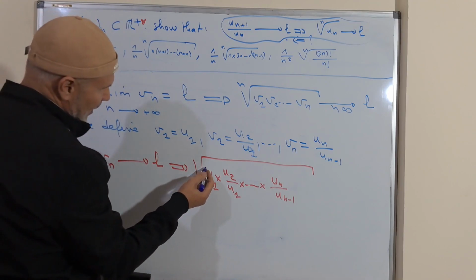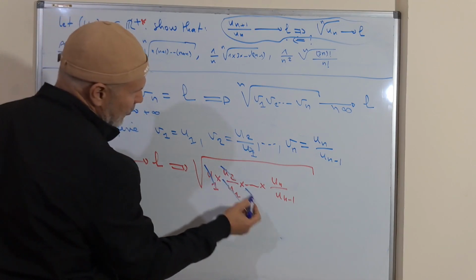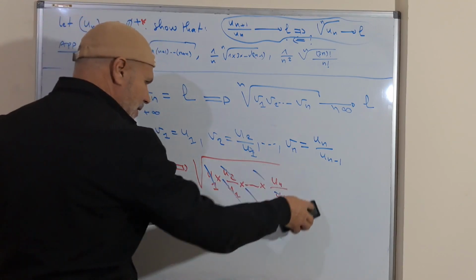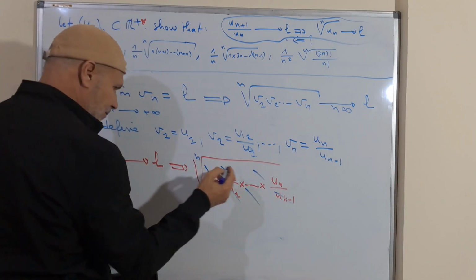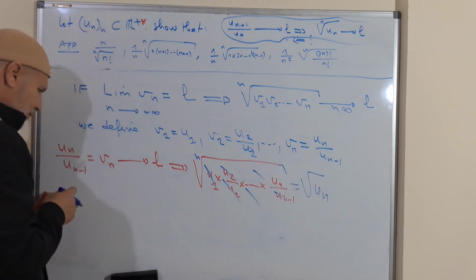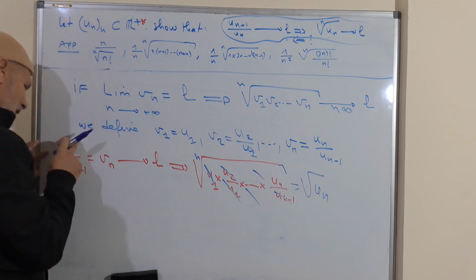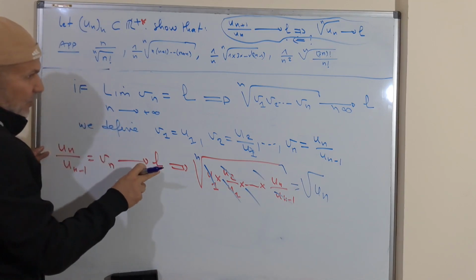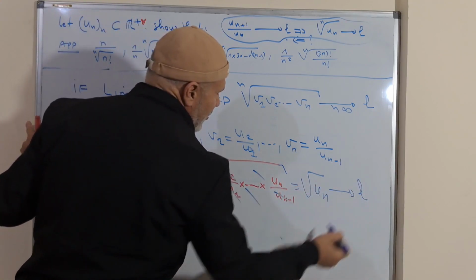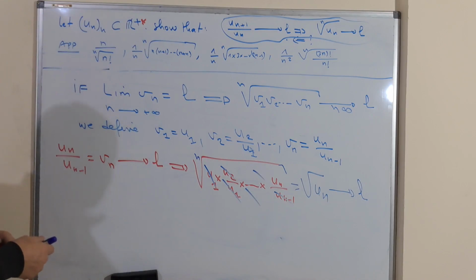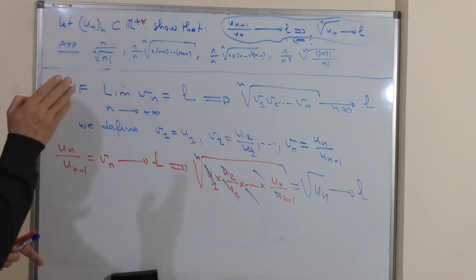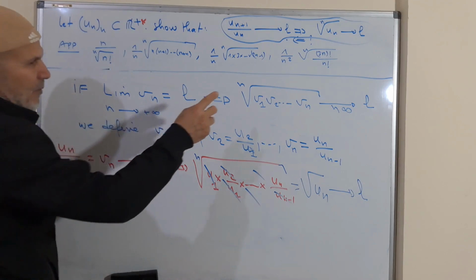Here we have U1 cancelled with U1, U2 with U2, Un minus 1 with Un minus 1. So this nth root is actually just Un. So if Un divided by Un minus 1 converges to L, this implies that Un converges to L, as a simple application of the relation between a positive sequence Un and the nth root of U1 times U2 times Un.